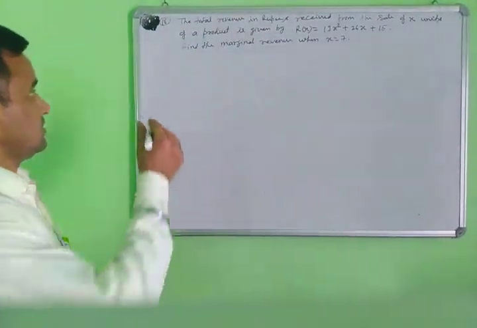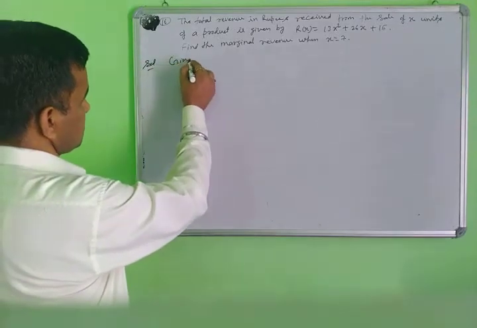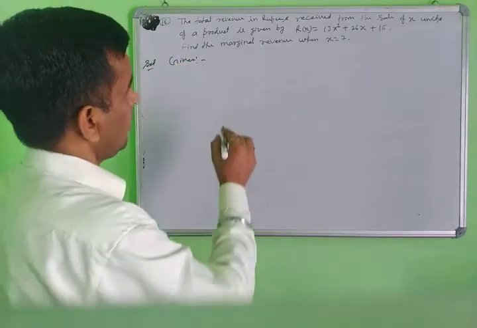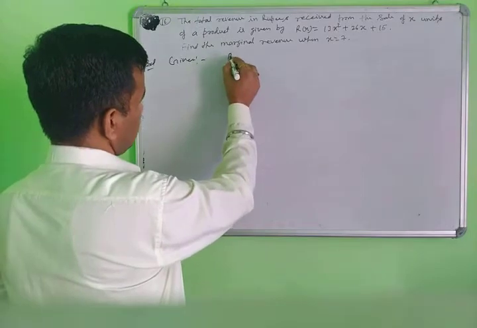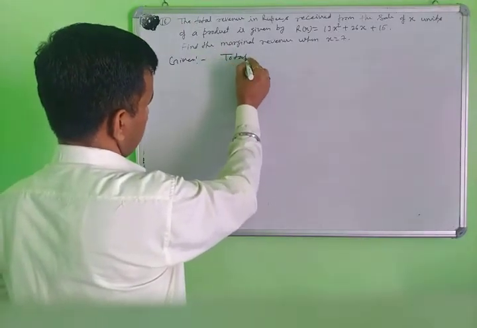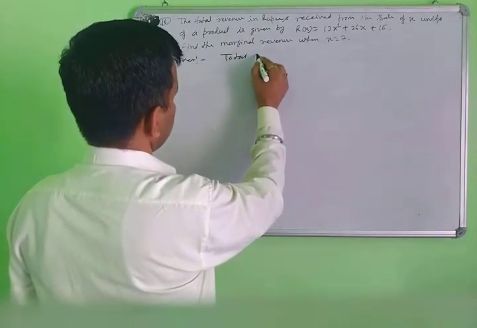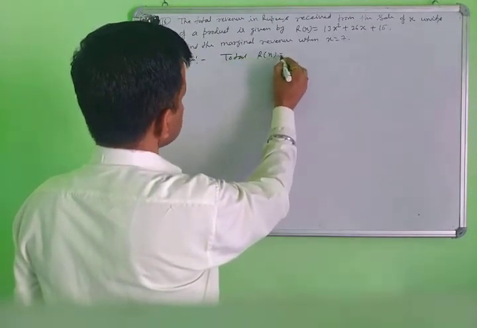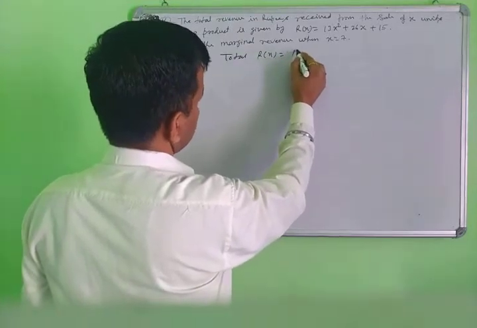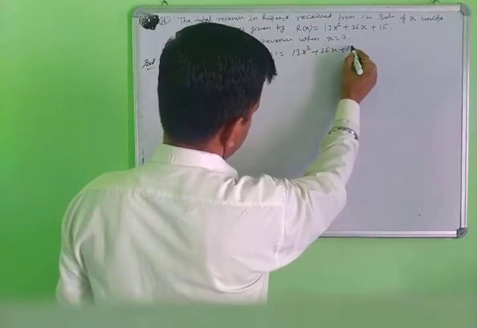Then start the question here, solution. What is given here? First, total revenue. Total revenue R(x) is 13x square plus 26x plus 15.